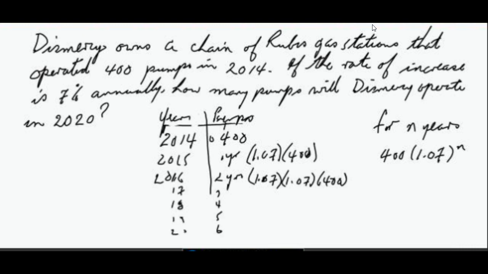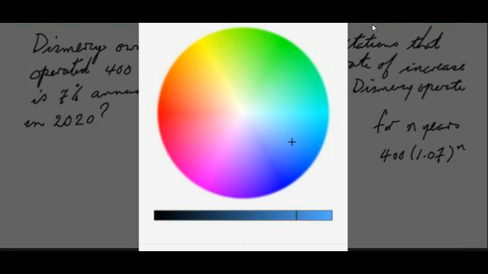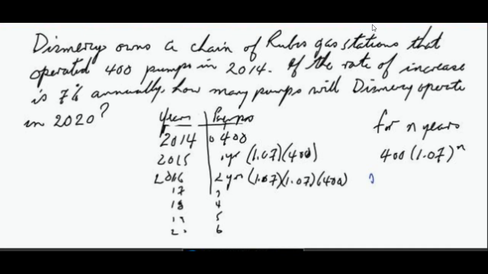So for n equals 6, pumps equal 400 times 1.07 to the 6th power, which gives us what?